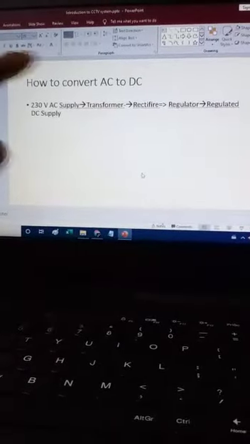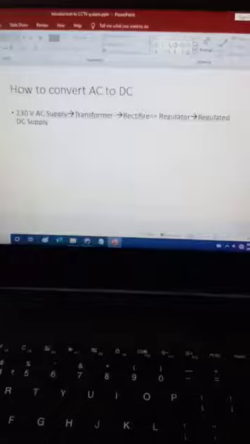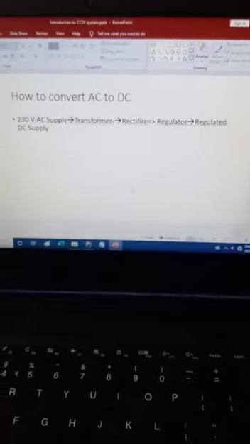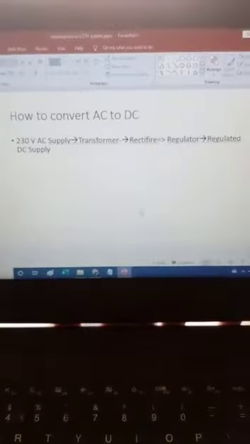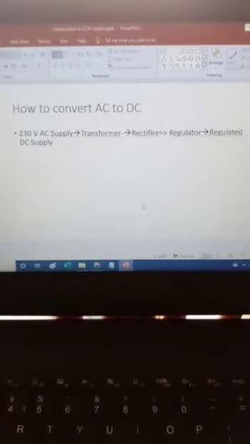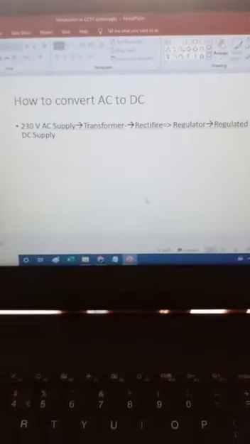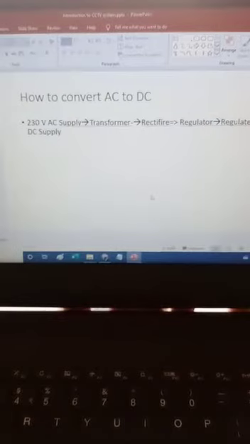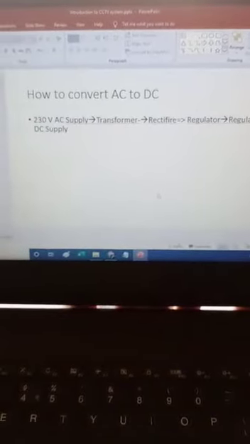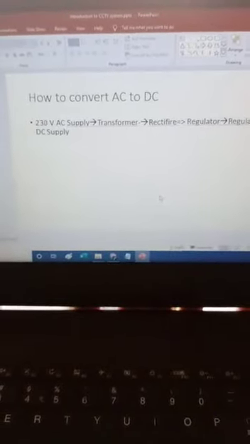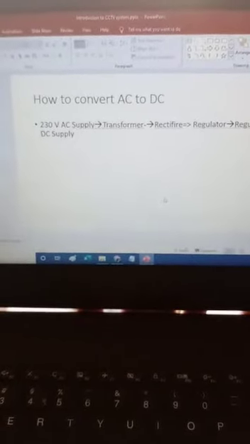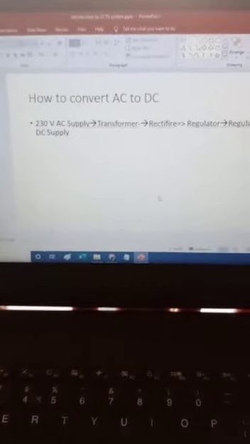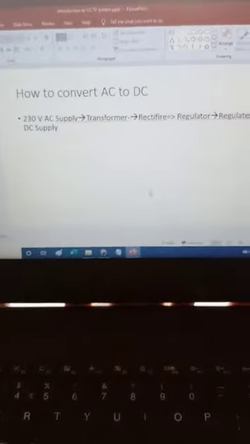So as we have to convert the AC quantity to DC quantity, here we are using the step down transformer. The step down transformer will decrease the value of the 230 volt AC supply, still as AC, and it will be applied to the rectifier.